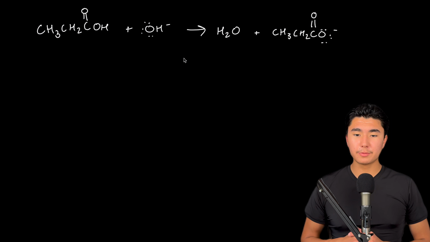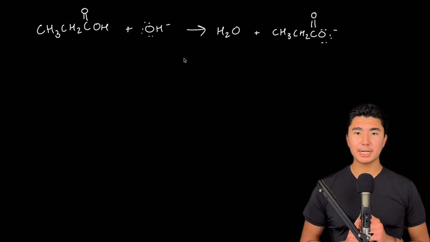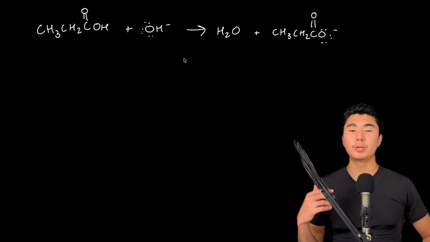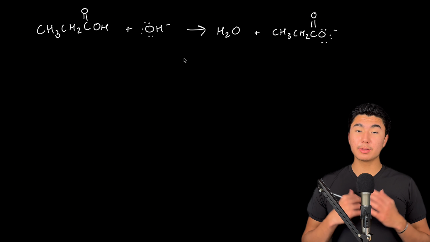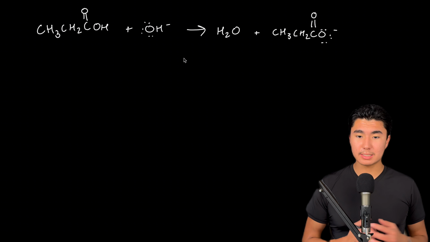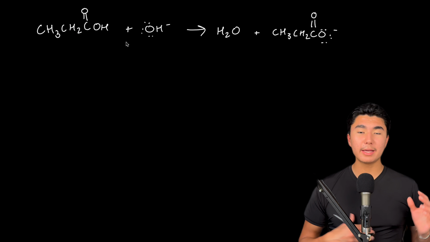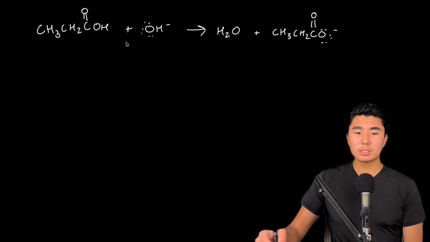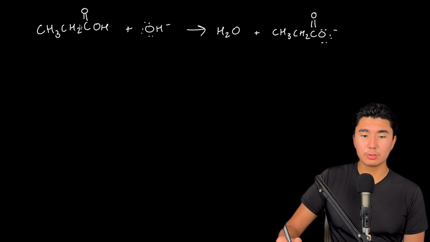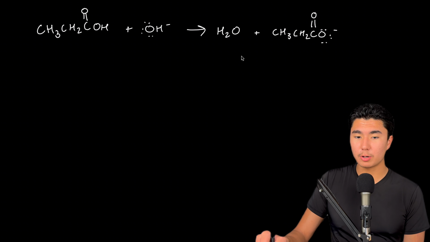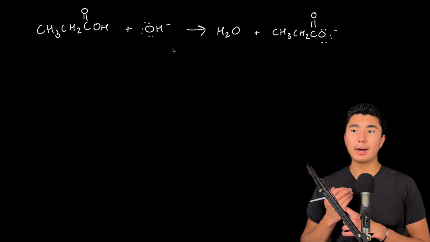All right, so let's go through this problem, and let's first ask ourselves which one is going to be our acid and which one is going to be our base. When we were talking about the definition of those acids and bases, we really want to look at our reactant side and see the effects on the product side. So let's start with this organic molecule to the left. When we go from the reactants to the products, we're losing a hydrogen.